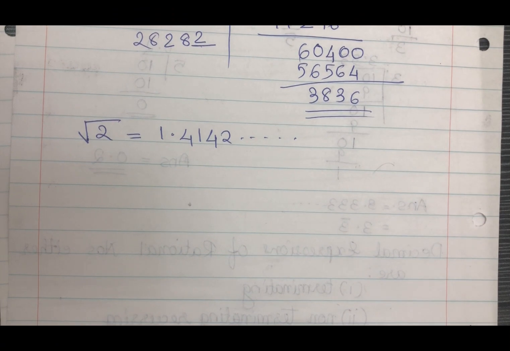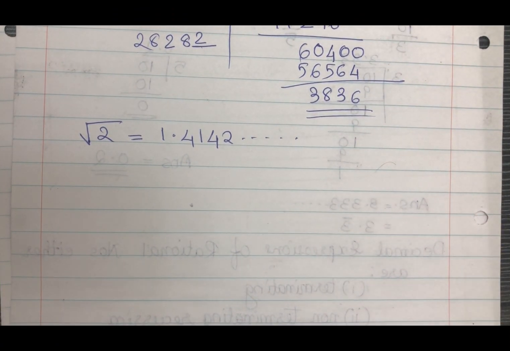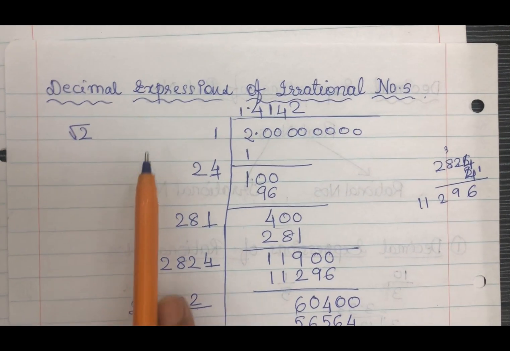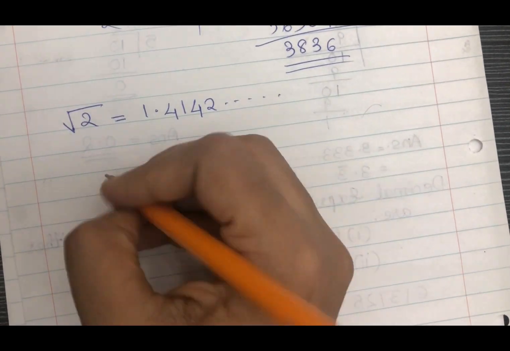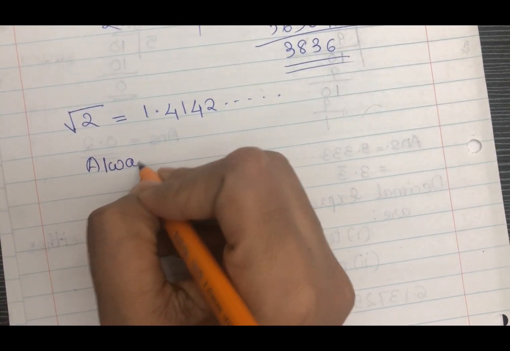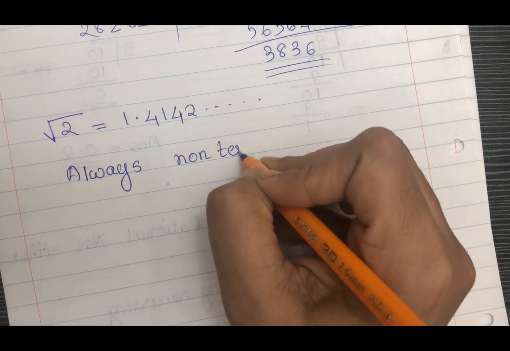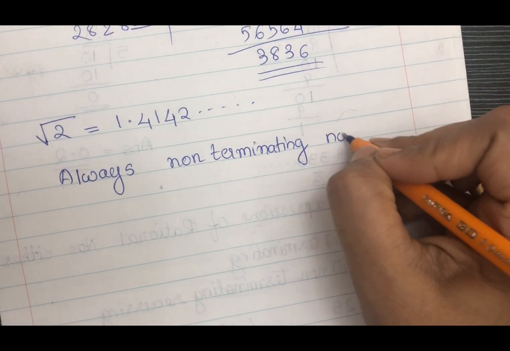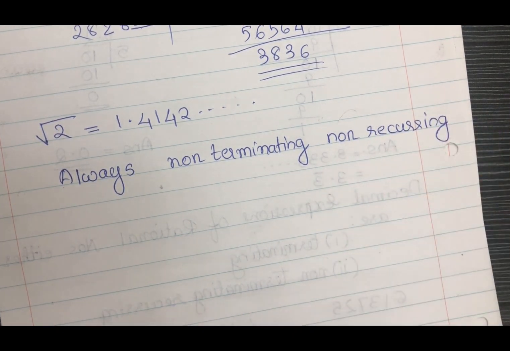So how will we define a decimal expression of irrational numbers? It is always non-terminating and non-recurring. So the decimal expressions of irrational numbers are always non-terminating, non-recurring or non-repeating.